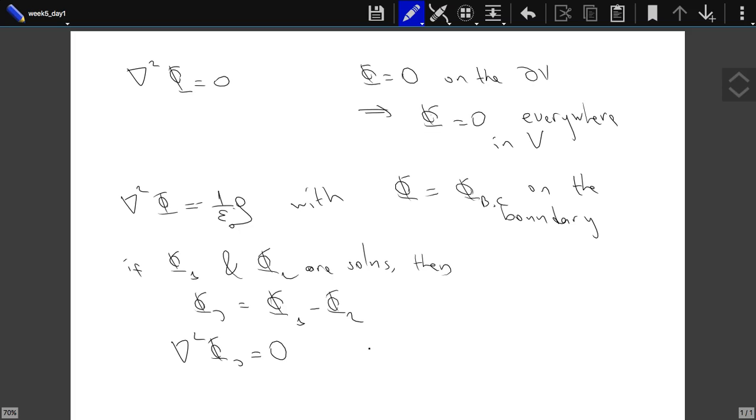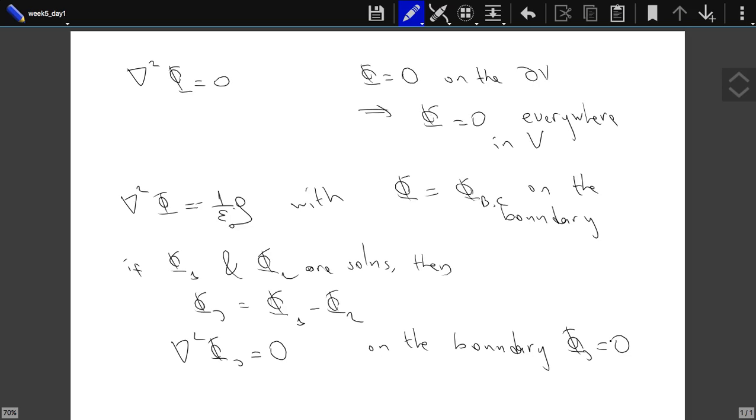And on the boundary, phi 3 is equal to 0. Well, why? Because we know that on the boundary, both phi 1 and phi 2 are equal to what we call the phi bc. So their difference on the boundary is 0. So basically, that's all we need.